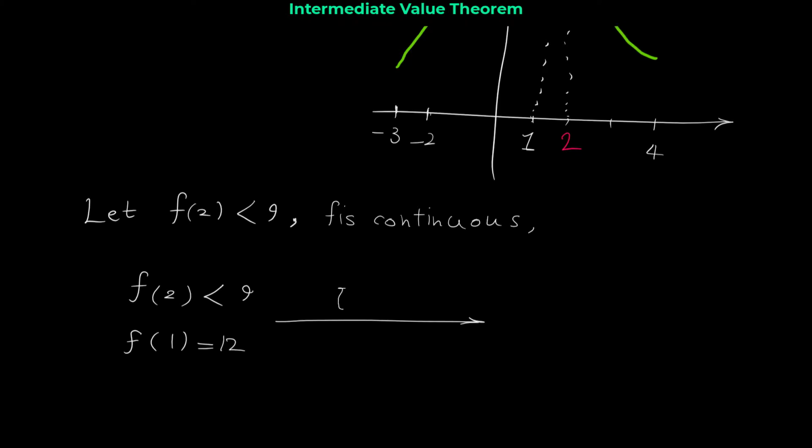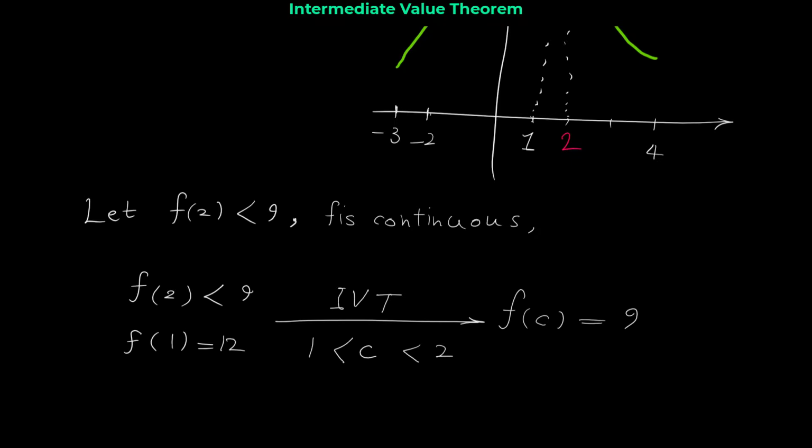Now from the intermediate value theorem, we can conclude that there is a number c between 1 and 2 that f of c equals 9. Why can you have this conclusion?